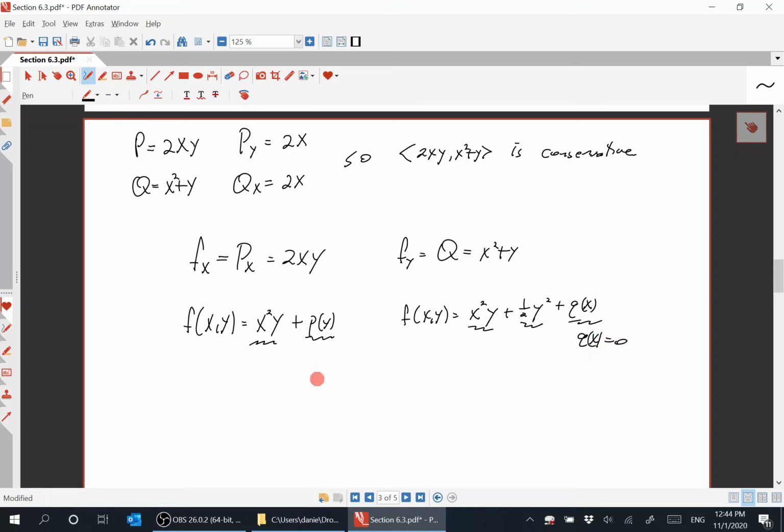We don't need it there to get an actual function that fits both of these descriptions. The actual function that fits both descriptions is x squared y plus 1/2 y squared. So that is the potential function for this vector field. The gradient of f is equal to (2xy, x squared plus y).